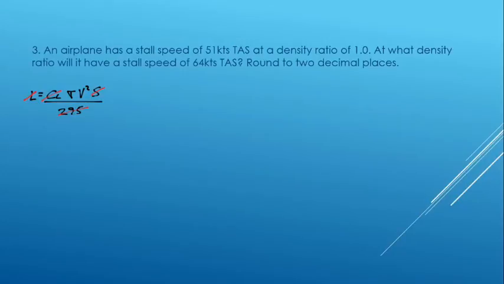Okay, for this problem, we're wanting to find a particular density ratio. So we set it up in the same way. The two parts of the lift formula that we need are density ratio and velocity. Again, we wind up with an original condition and a next condition. In the next condition, we have one unknown. So we have a formula that we can set up like this.